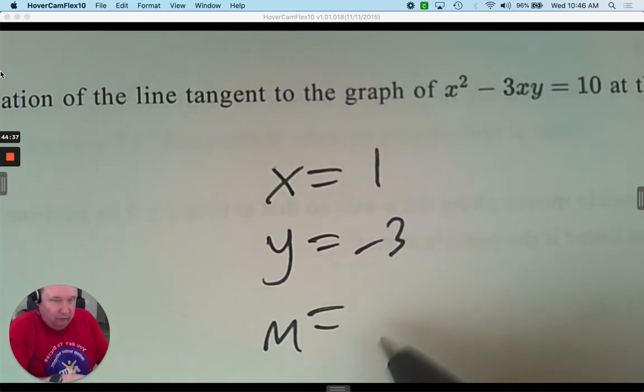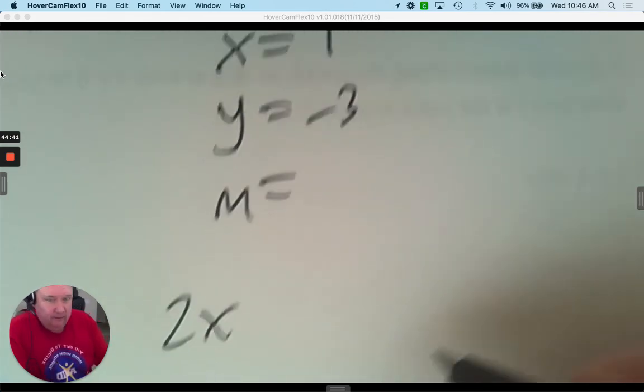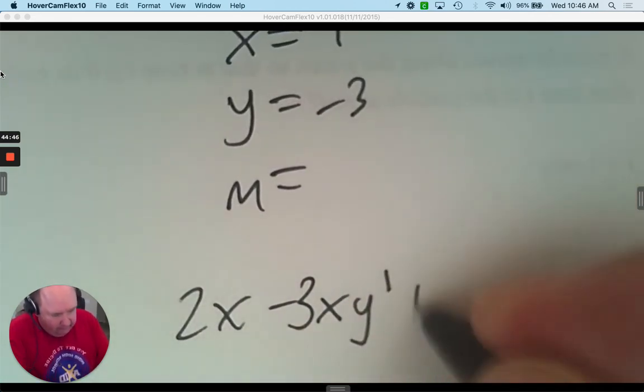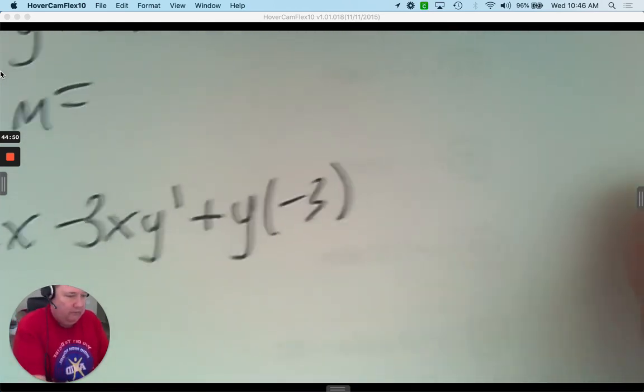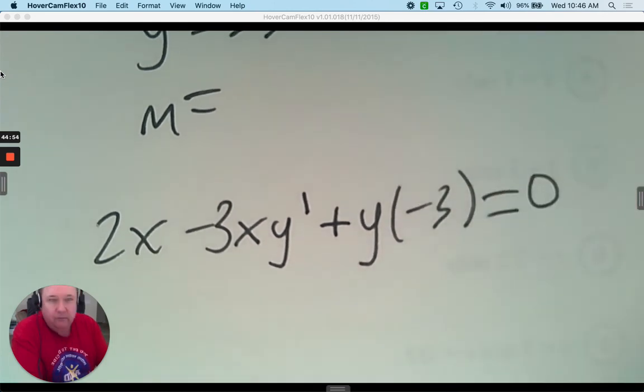To find the slope, you take the derivative. That's 2x. And then the product rule. That's the first times the derivative of the second plus the second times the derivative of the first. And then the derivative of 10 is 0.